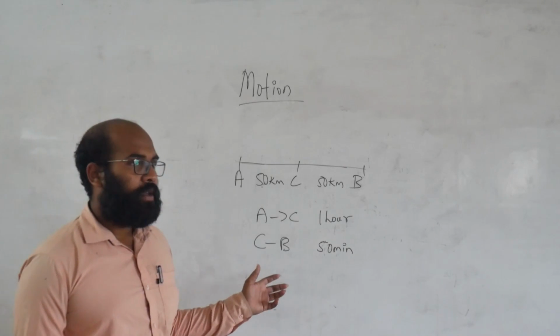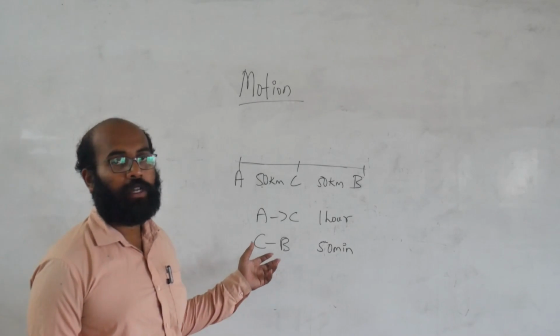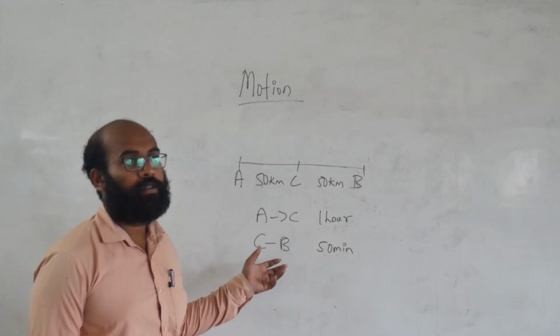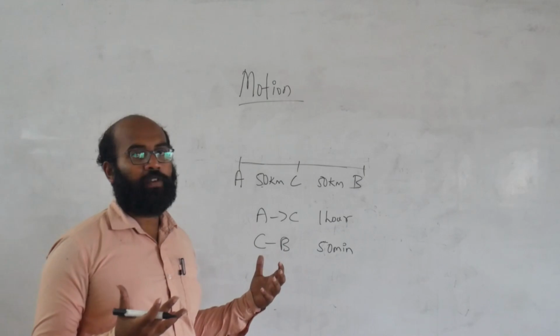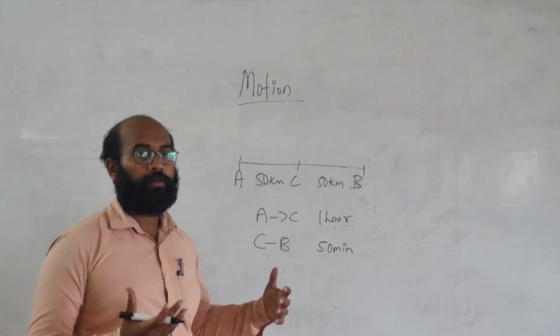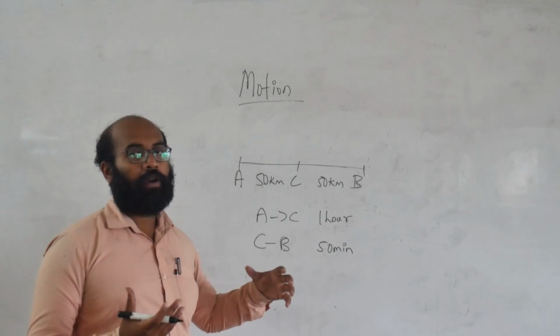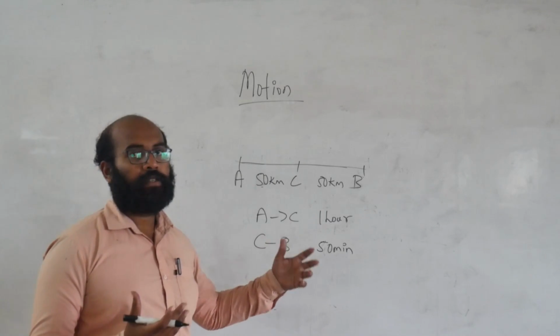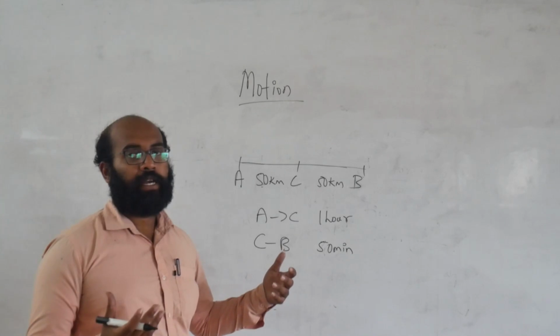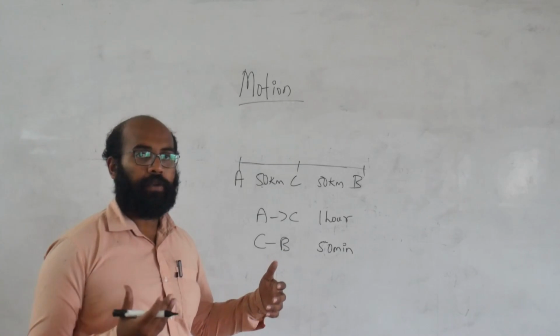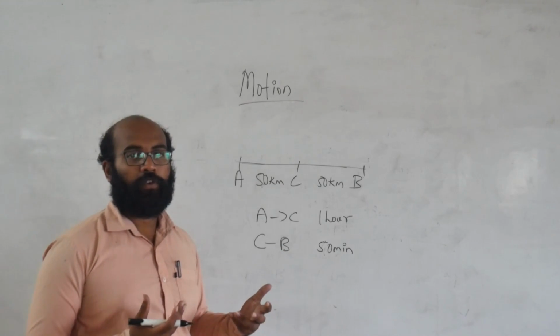You would have come across this non-uniform motion in your day-to-day life, for example when you go for walking. Initially you will walk with too much enthusiasm, with some speed, but over a period of time, after some 20 or 30 minutes, you will get tired, so the speed will reduce. That is an example of non-uniform motion.